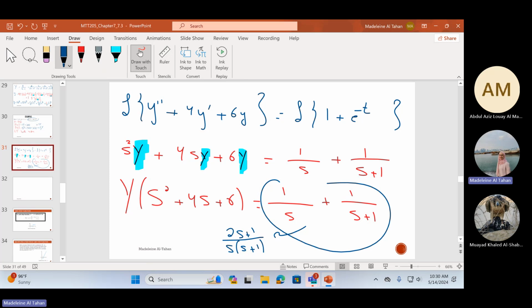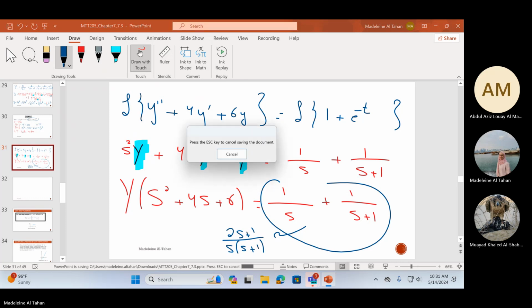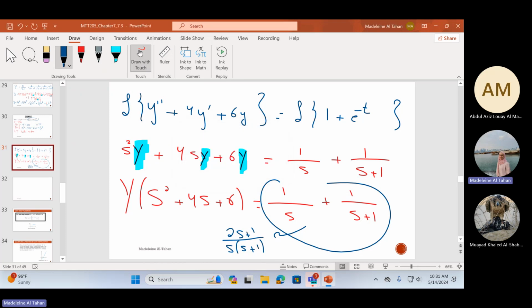Now what I need from you to do is to write Y explicitly in terms of s. Do not evaluate the coefficients of partial fraction from the beginning.